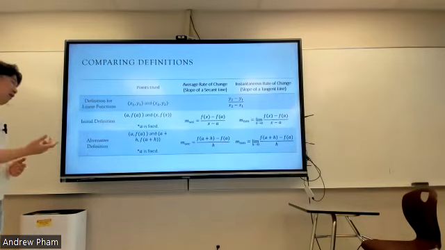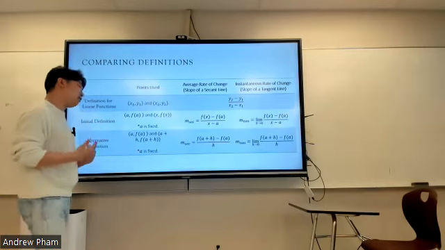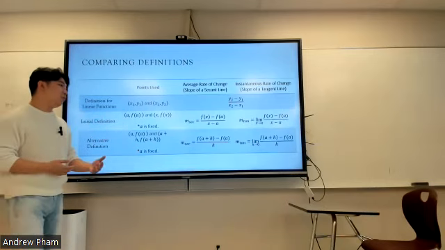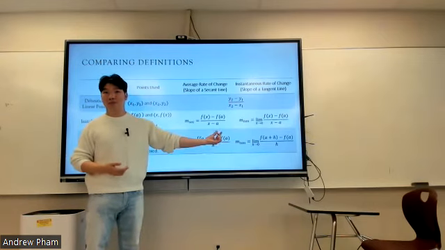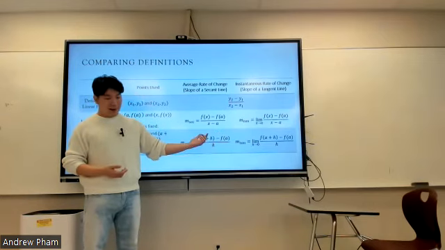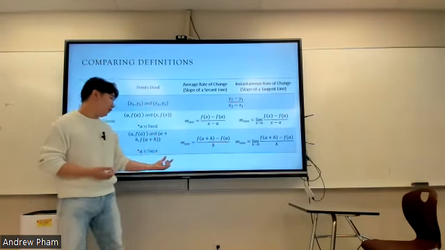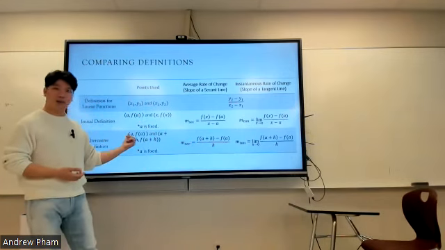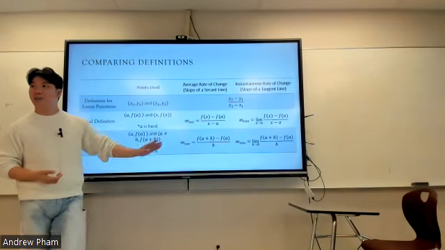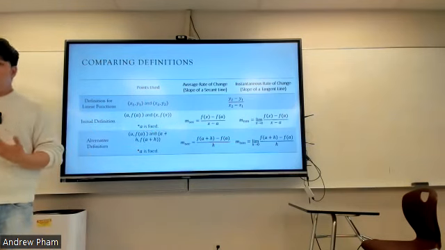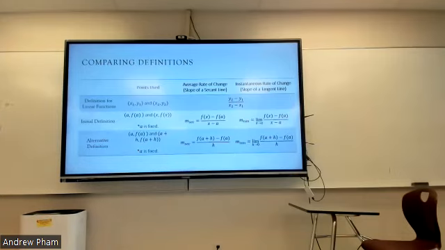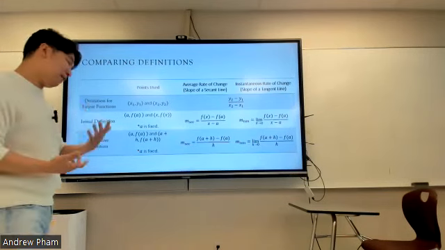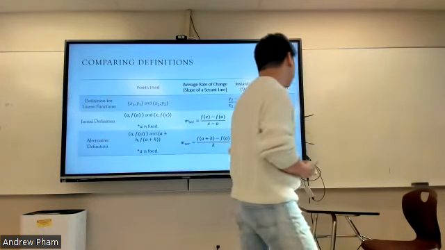Despite all this different terminology and notation, it still boils down to a y value minus a y value over an x value minus an x value, because we had a plus h minus a, which is why we have h on the bottom. So all these things are still derived from that base concept of the slope of a linear function. We're just putting a spin of calculus on it.